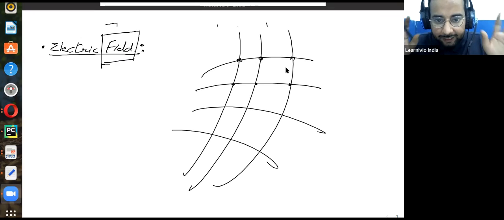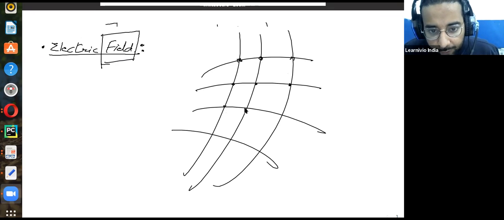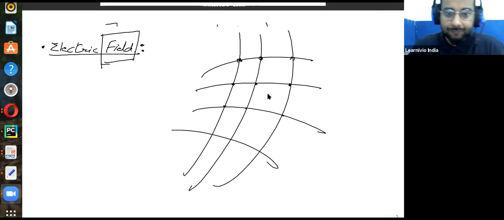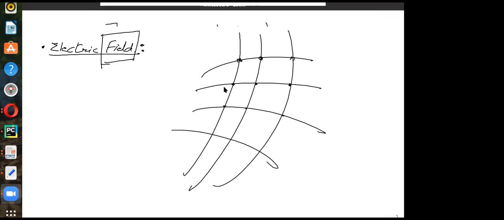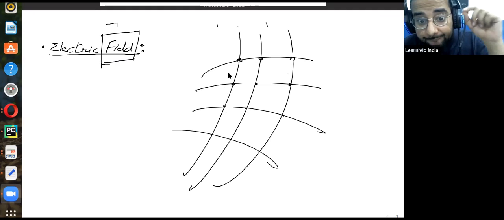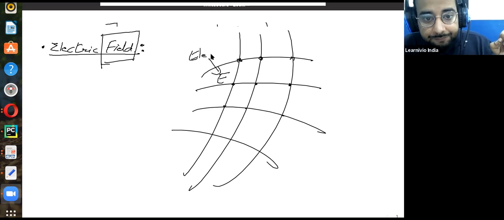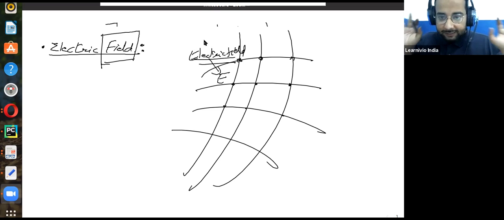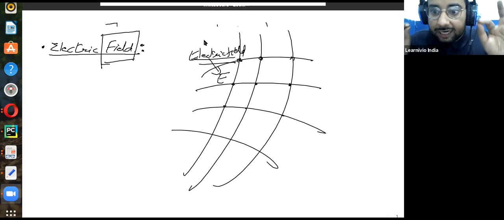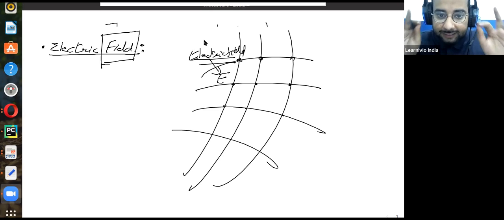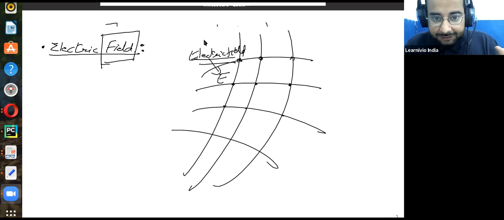So all an electric field is saying is that every single point in space will have a value, and that value will denote the electric field. The electric field is just a number which is defined at every single point in space.